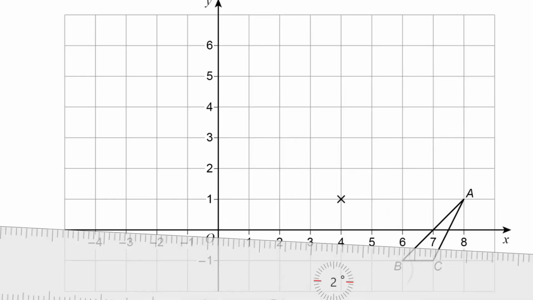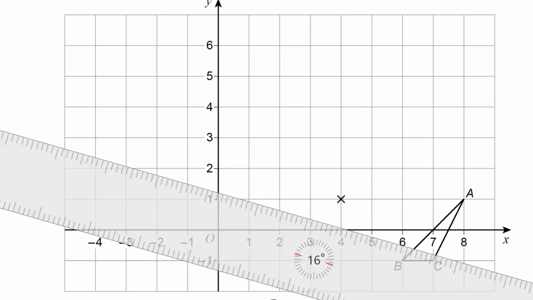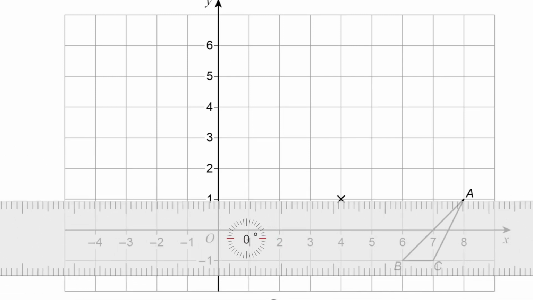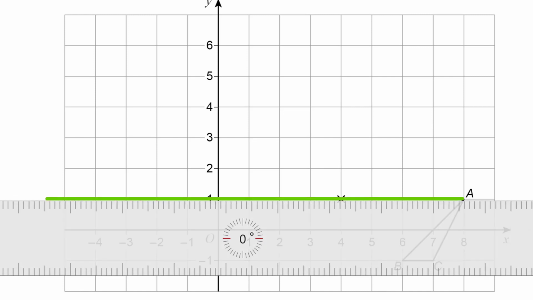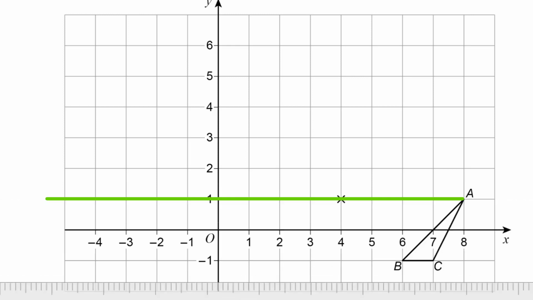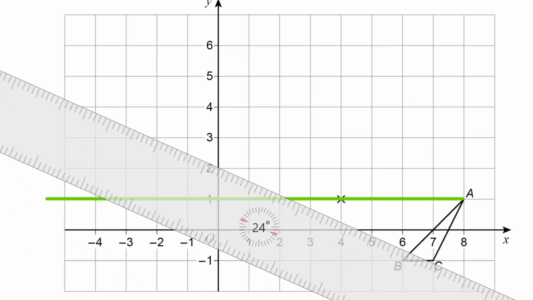Now, it might be handy to draw ray lines on. So ray lines are lines that pass from each of your points through the center of enlargement and then out to your image points.